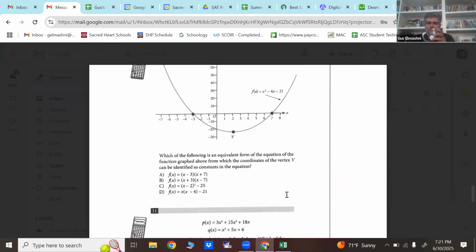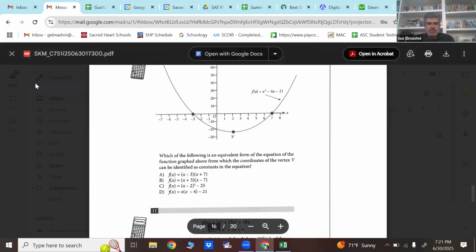Okay, go and read 10. What is a vertex? It's either a low point or a high point.